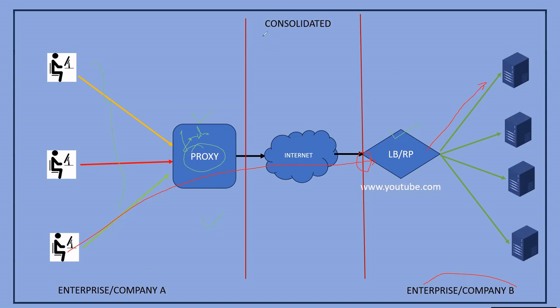So this is how the consolidated diagram looks. You're sitting in one enterprise, you're going to Google. If somebody on Google is trying to browse any other websites, they would be sitting on this side, and the server party would be sitting on the right-hand side of this diagram. So this is pretty much it.